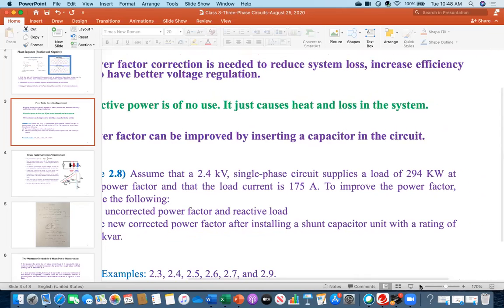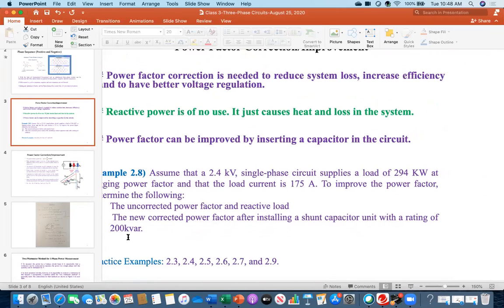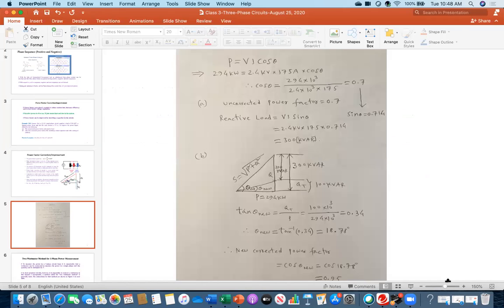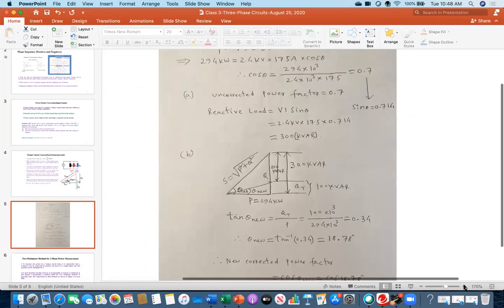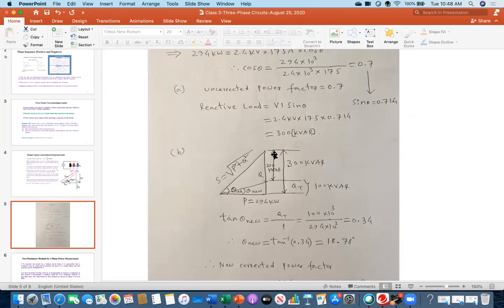As I showed you, the capacitor is providing 200 kilowatt. Look at the statement, after installing a shunt capacitor. So once you insert the 200 kilowatt, from top to this point, I drew it by hand. It could be a little bit down or a little bit up, that's fine. So this is 200 kilowatt.